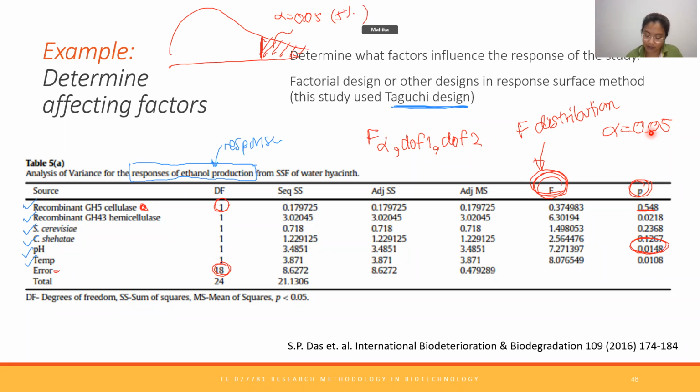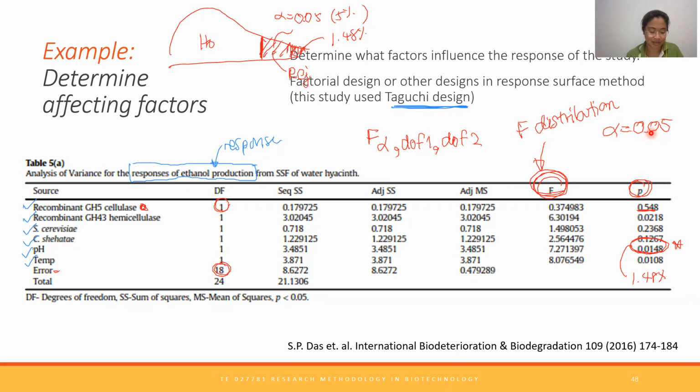This one is more or less 1.48%, which is probably around here. So that's when you are rejecting H node. Rejecting H node means that changing the pH would make a change in ethanol production, because your H node says that changing the pH level doesn't change the amount of ethanol produced. Okay, so that's how it goes.